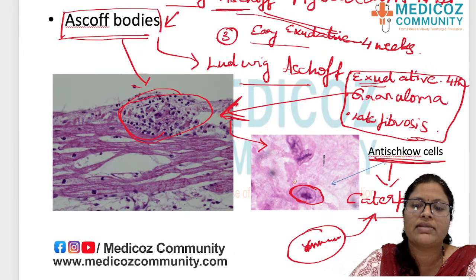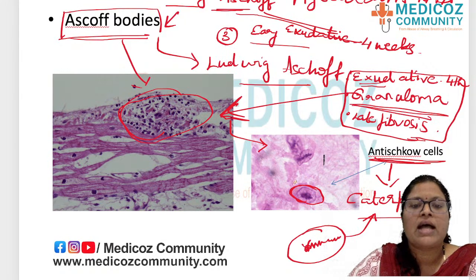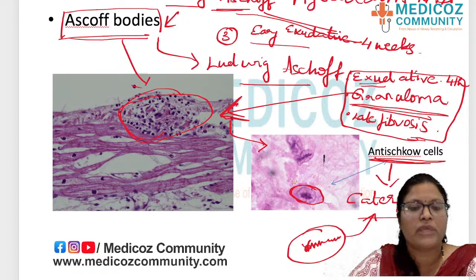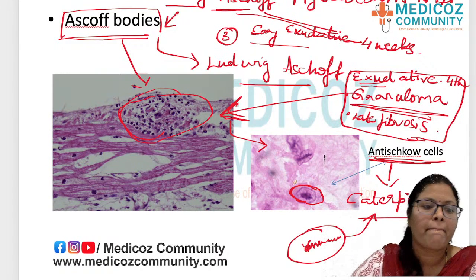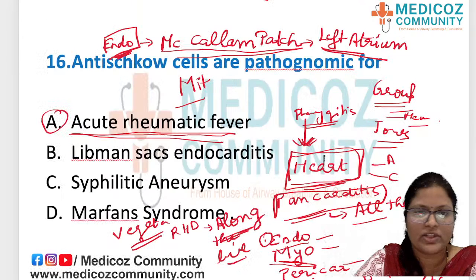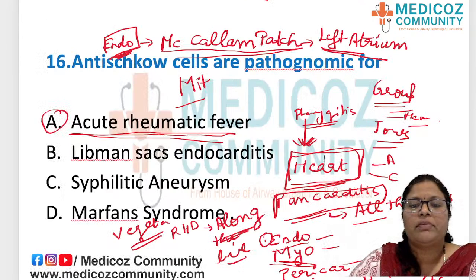You need to know that it is in the granulomatous stage that you see your Aschoff bodies and these cells, and these cells are pathognomonic for acute rheumatic fever. So that was the question here. Let's move back to the question. So they are pathognomonic for acute rheumatic fever.